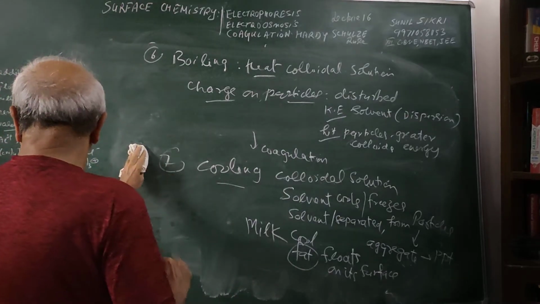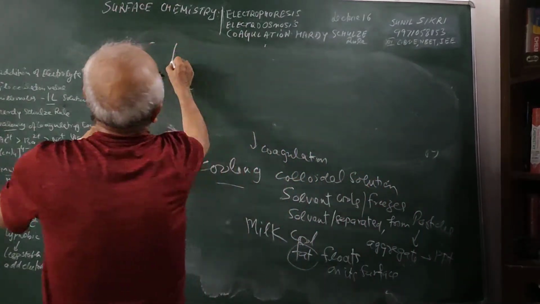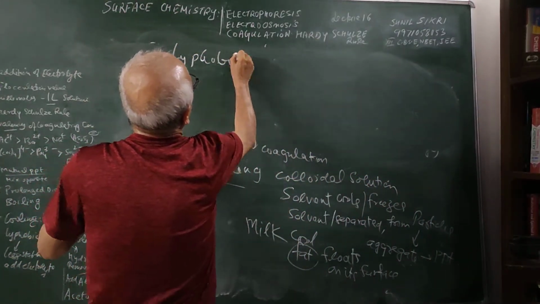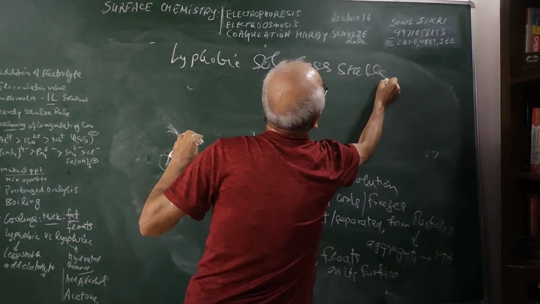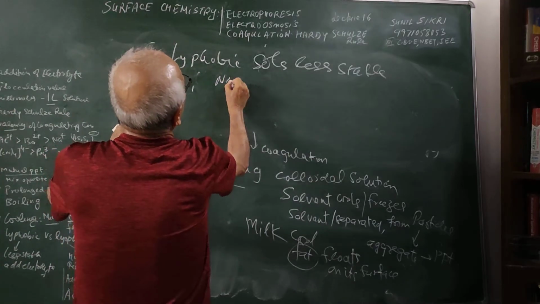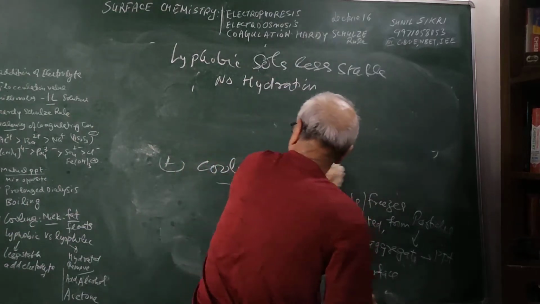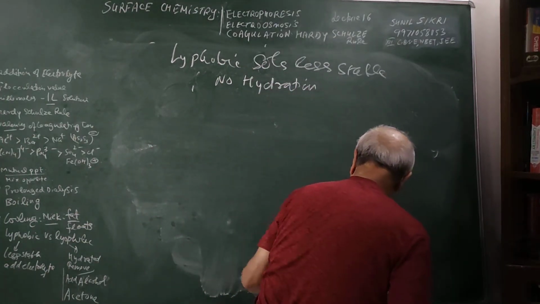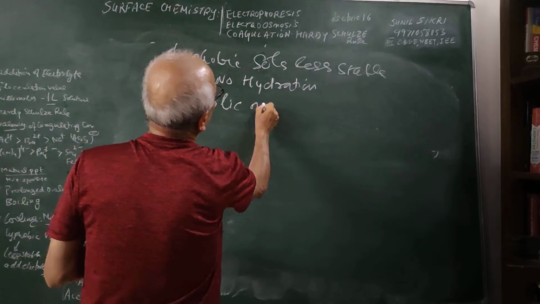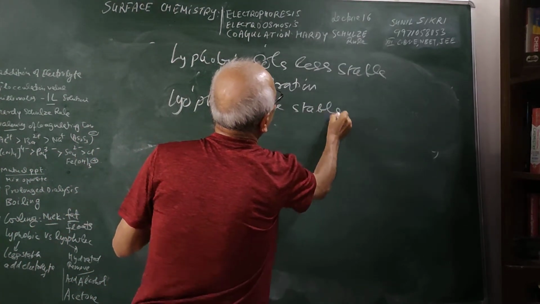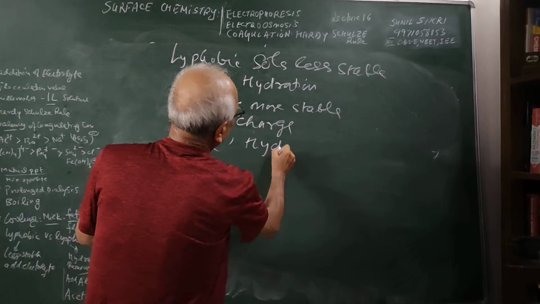So students, the last thing I want to tell you is that lyophobic sols are less stable, because there is no hydration, as they are solvent hating. But lyophilic sols are more stable because they have charge as well as hydration.